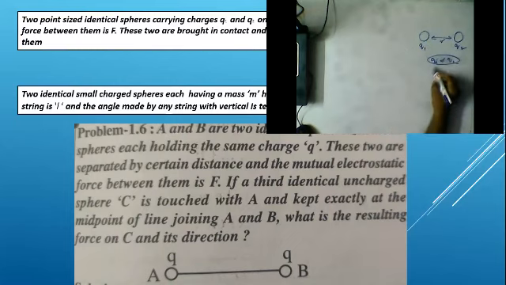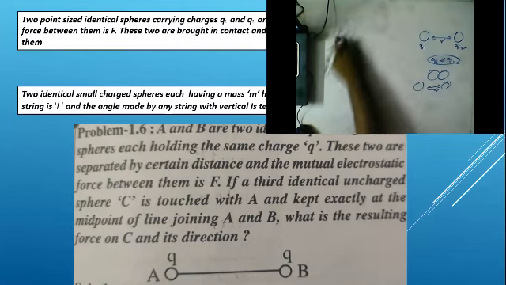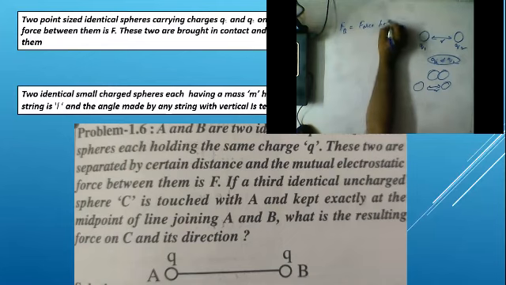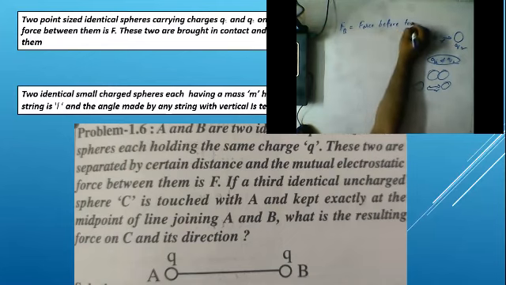Now, what they said: they touched like this, and once again they separated at the same distance. At that time what is the force, I mean, what is the ratio? So here, force before touching, I am writing FB. FB means force before touch.